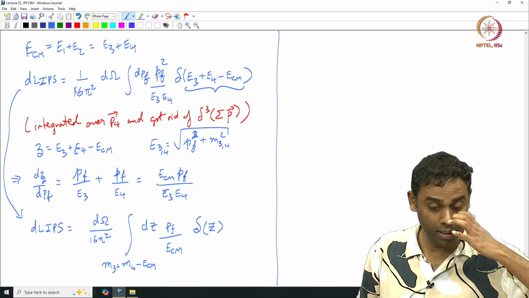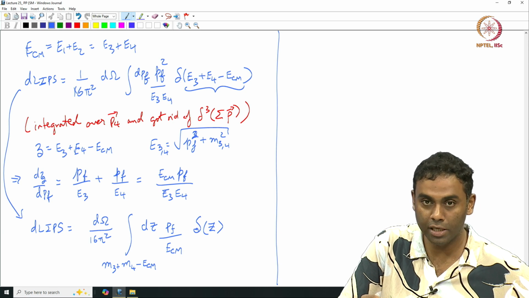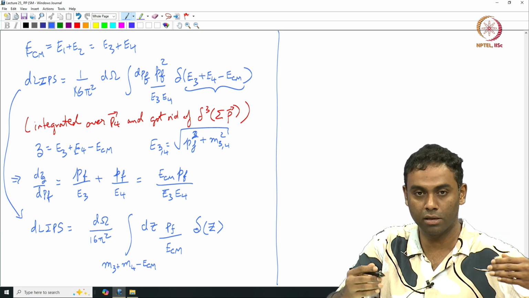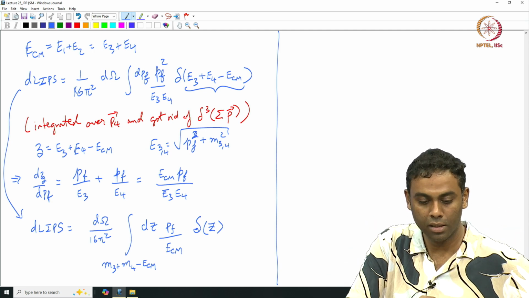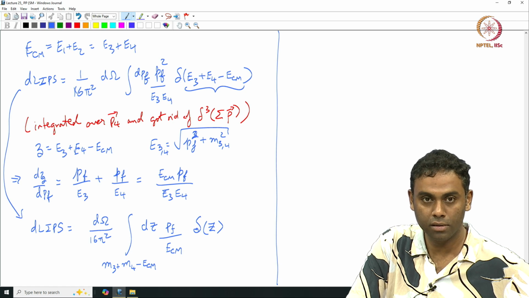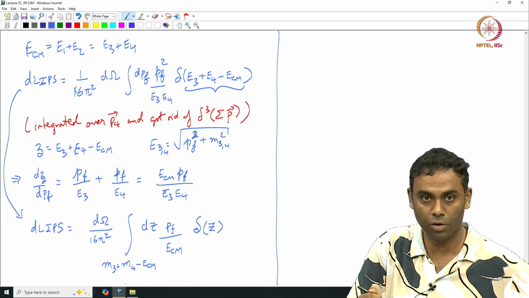So if I set Pf to 0, that is barely producing the particle, you just produce the particle at rest. What happens to the lower limit of z? That is basically m3 plus m4 minus ECM, right. That is what I have written down here.